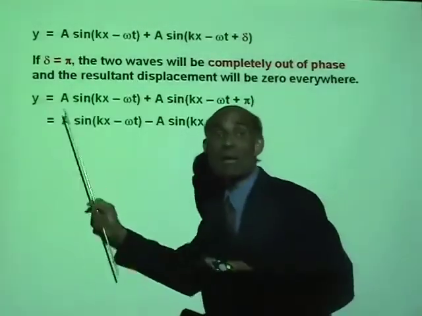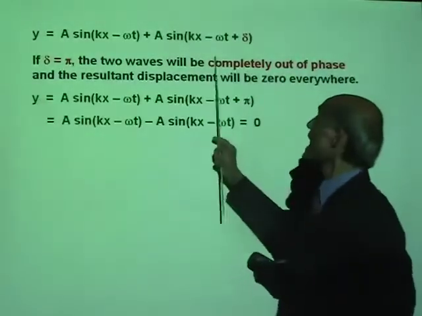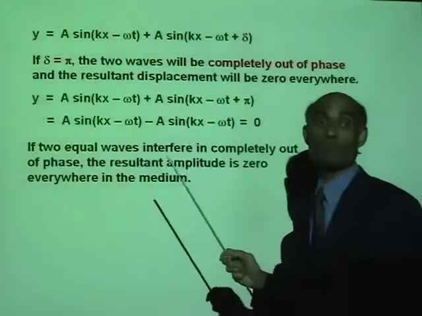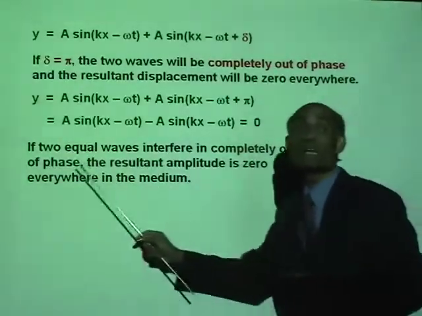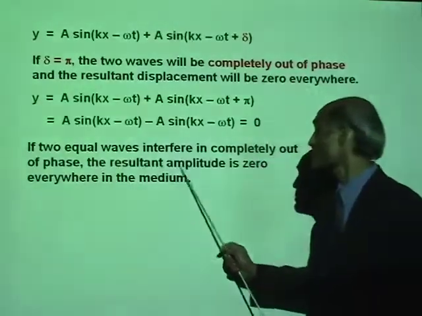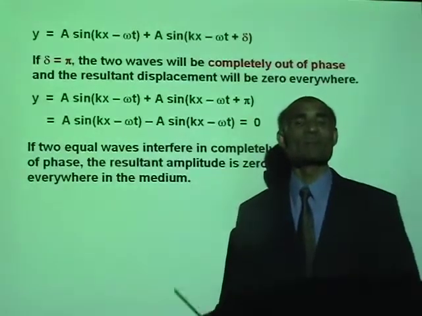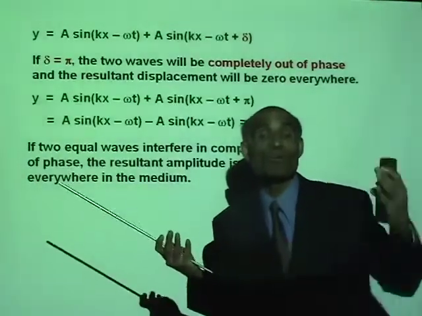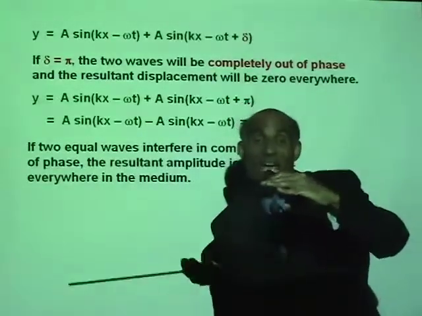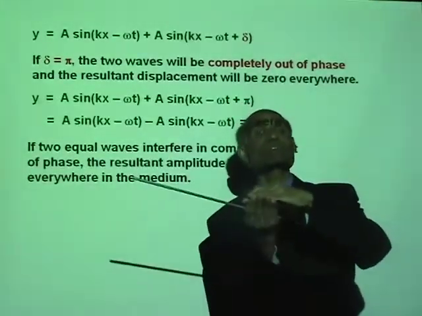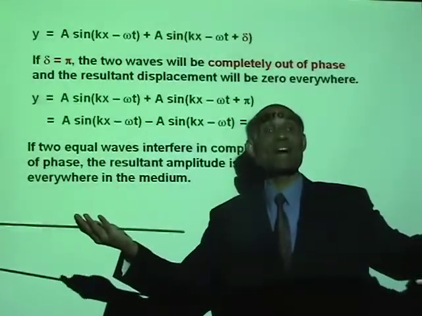The resultant amplitude when the two waves meet completely out of phase is 0. If two equal waves interfere completely out of phase, the resultant amplitude is 0 everywhere in the medium. That means there is no wave. The displacement created by one wave will be cancelled by the displacement created by the other wave. Particles in the medium will simply stay at rest.